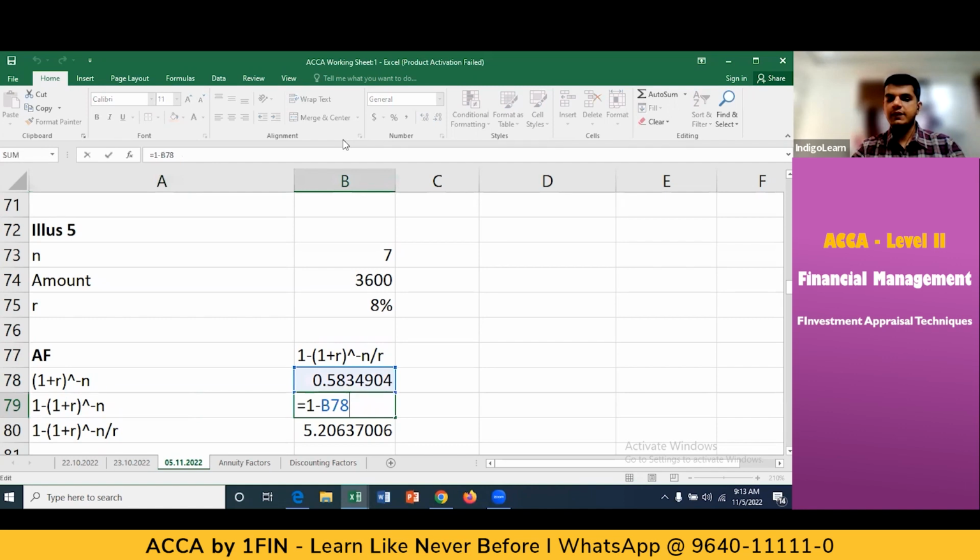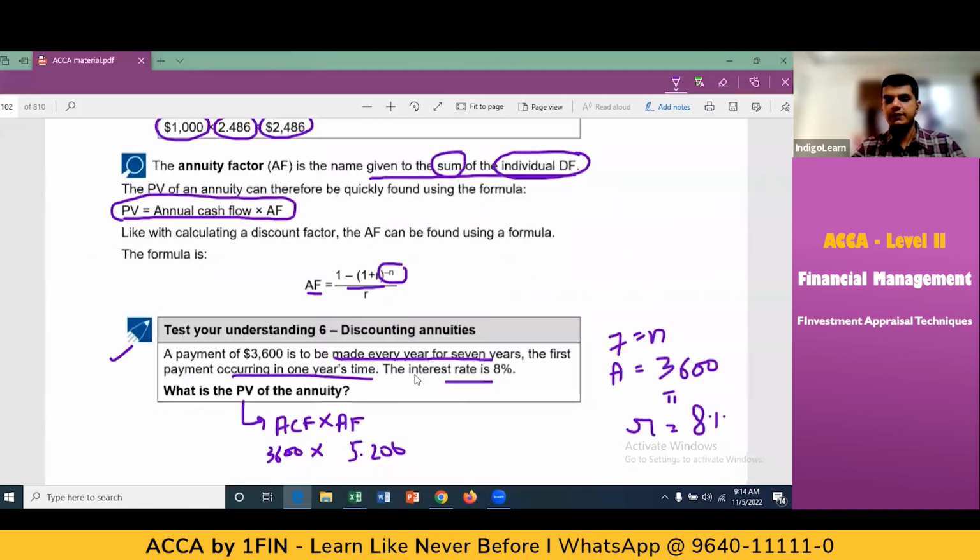So I have done the amount calculated above. And in totality, the formula, 1 minus (1 plus r) to the power minus n, whole divided by r, gives us the annuity factor. So what is the annuity factor? 5.206. So it is coming the same as what we have directly seen via the annuity table.